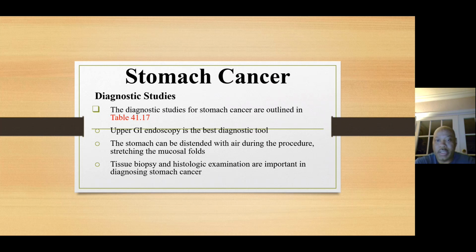And again, this is where the tissue biopsies, the histologic examinations, are important in diagnosing stomach cancer. And again, it is more definitive. Whenever you do a biopsy of any tissue, it is what is more definitive in terms of diagnosing, in this case, cancer.